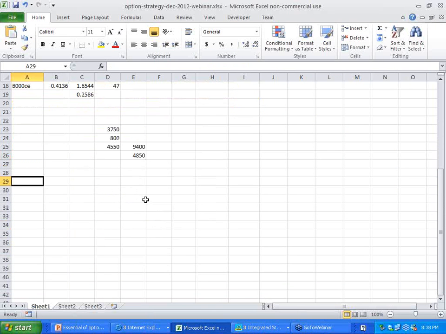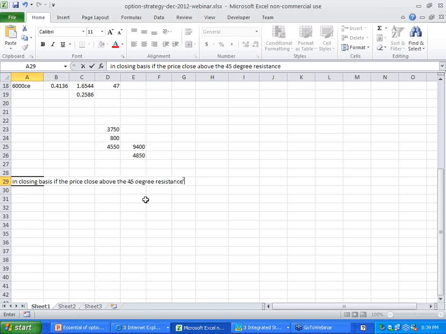He has told, on a closing basis, if the price closes above the 45-degree resistance, then we conclude the trend is up, and this must be validated for 3 days.